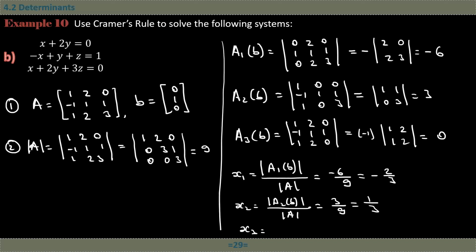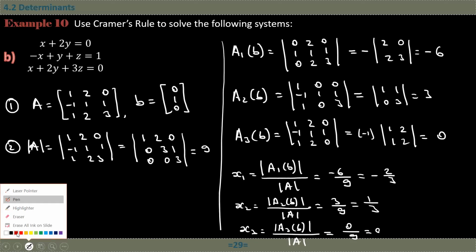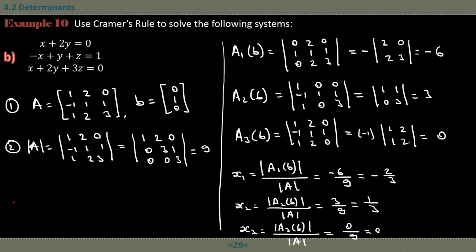And x3 is the determinant of A3B over the determinant of A, that's equal to 0 over 9, that's equal to 0. So now we can write our final answer: the solution of the system is minus 2 over 3, 1 over 3, and 0. Thank you very much. Bye-bye.